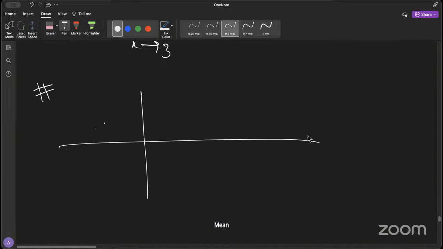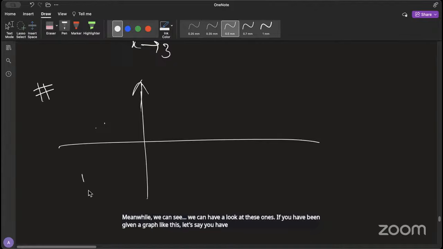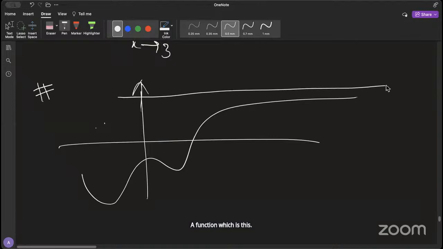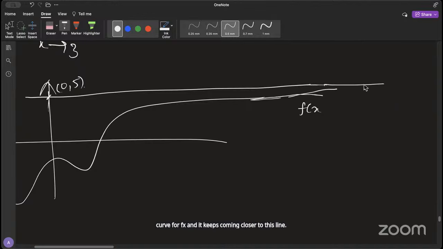Meanwhile, we can have a look at these ones. If you have been given a graph like this, let's say you have a function, which is this, and this is your line. This is point 0, 5, let's say. This is your function, the curve for f(x), and it keeps coming closer to this line.